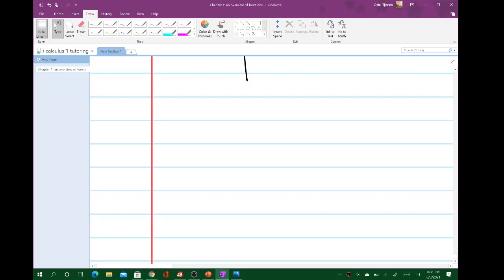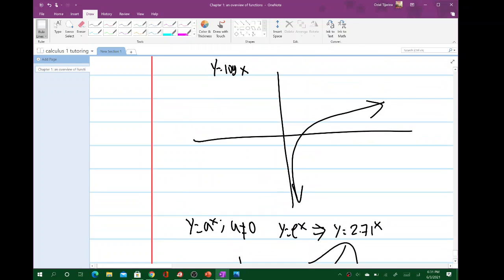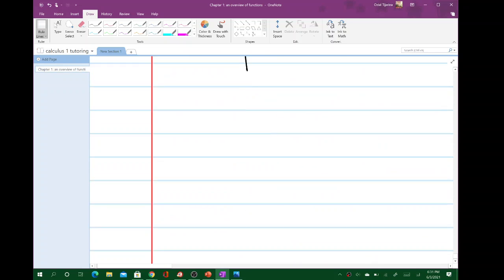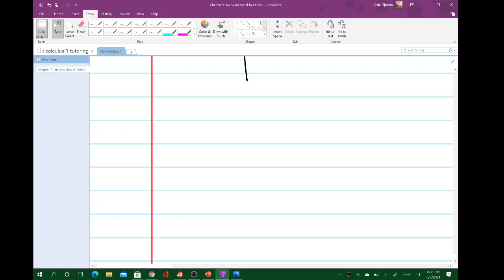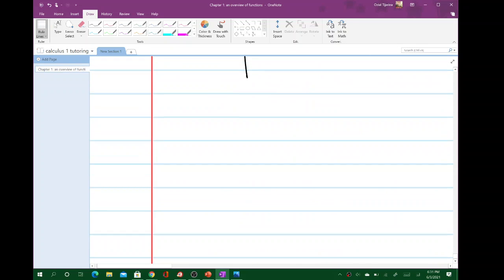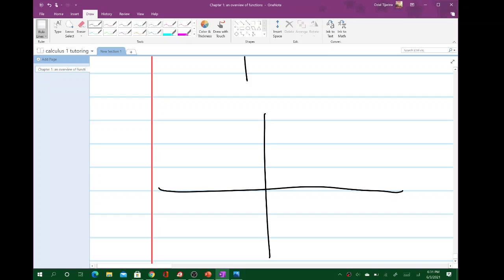And then, hold on. I'm trying to make sure I go over all of them because I don't want to miss one. Did I do natural log of x or no? I don't think I did. Natural log of x. So natural log of x is kind of similar to log of x, but it just goes at a slower pace.